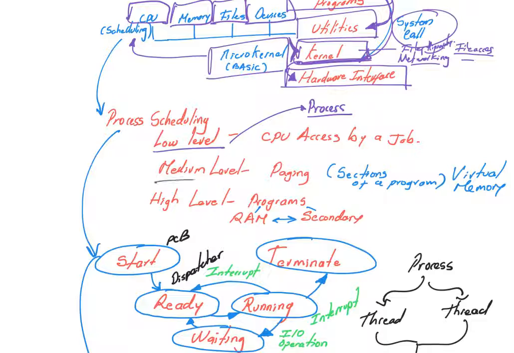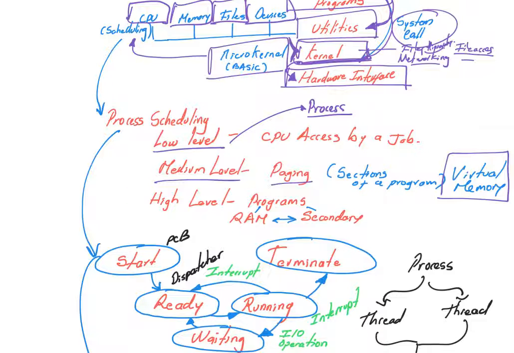There's a medium level where the paging, which is the way you handle the memory in fixed-size slices, is handled and taken into the secondary storage when we are talking about virtual memory.